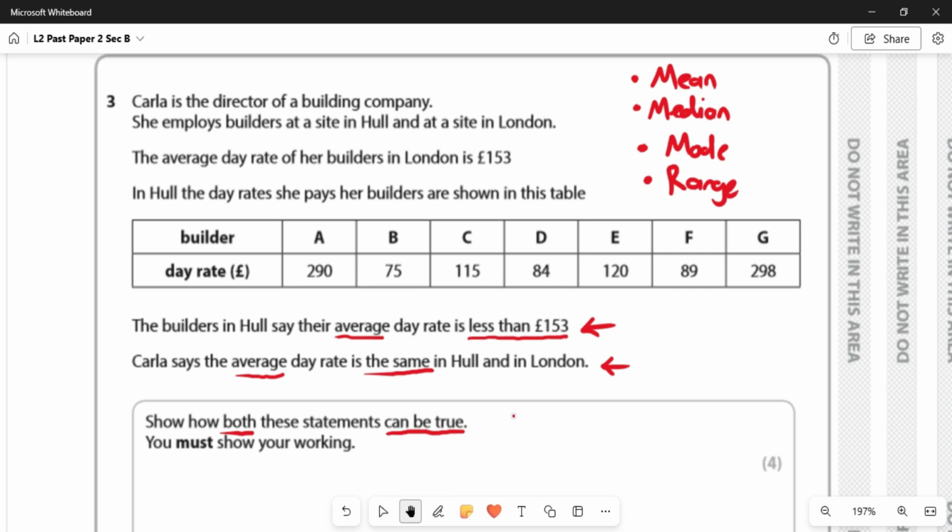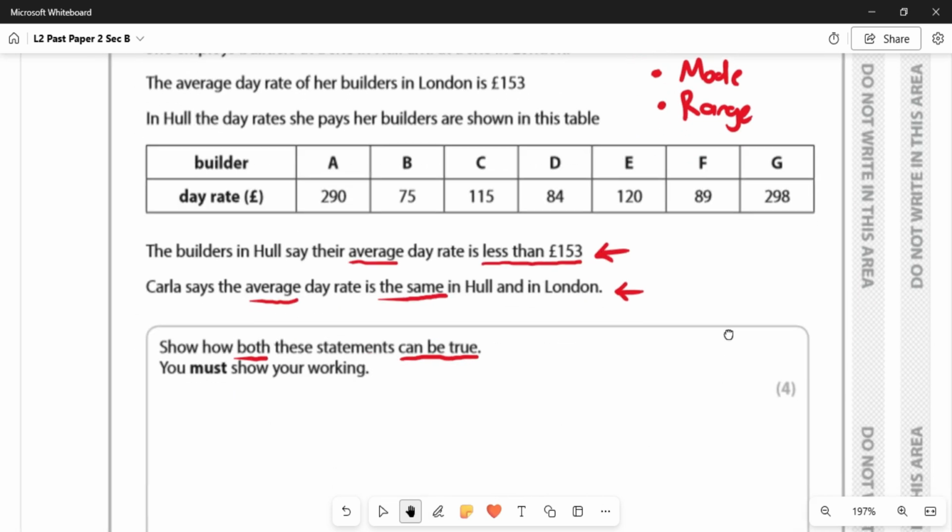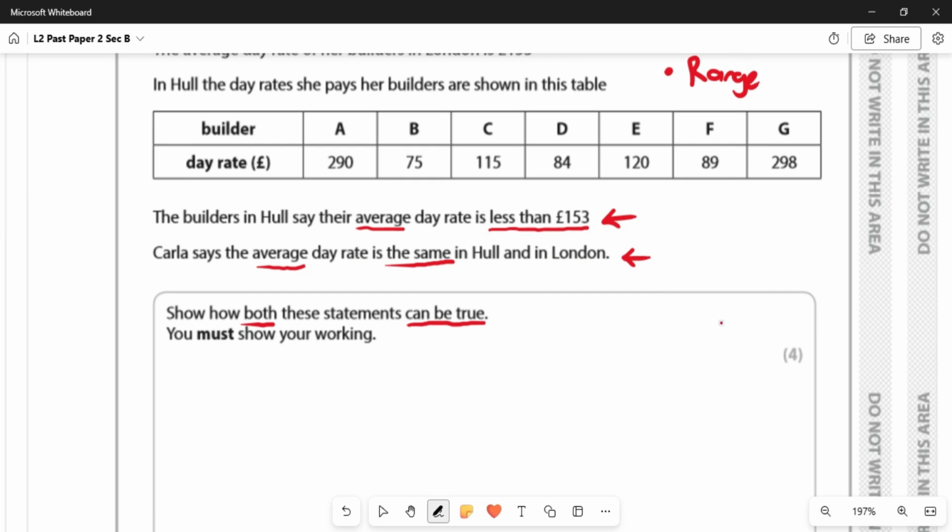I'll tell you what, I'll do the range first, which is probably the easiest one. Range is the difference between the biggest one take away the smallest one.